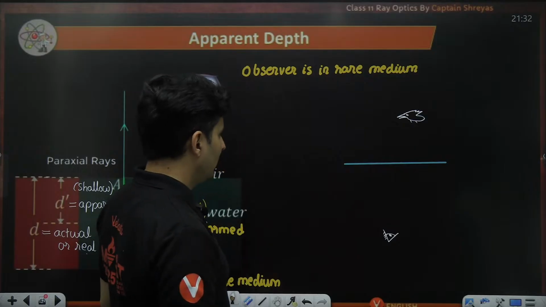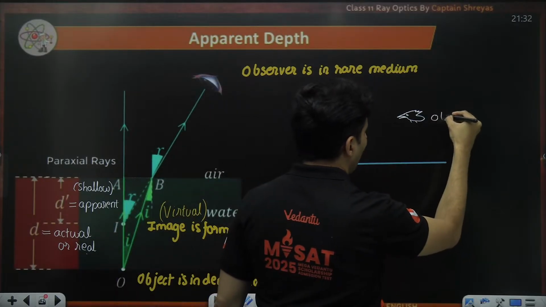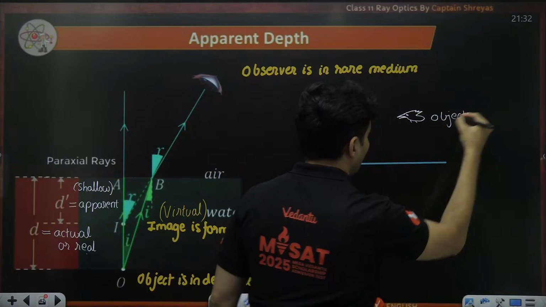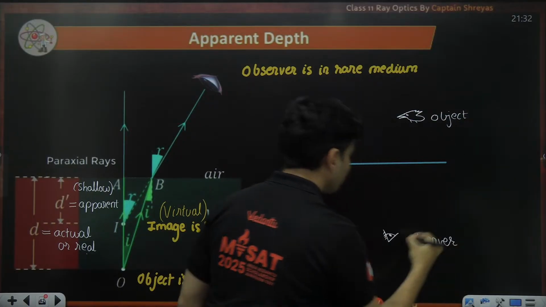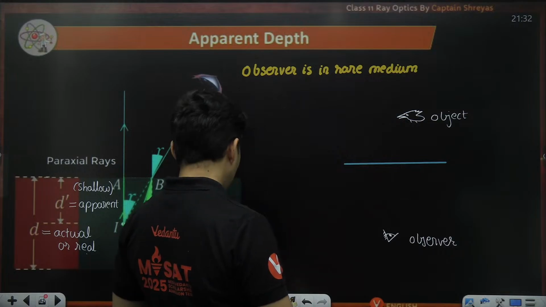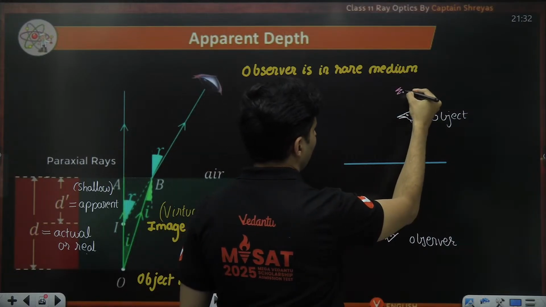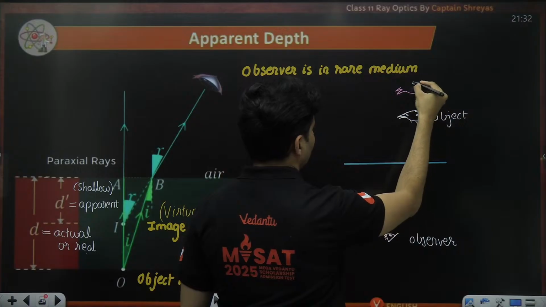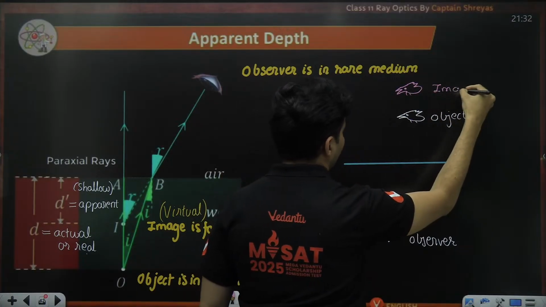It's a cool bird which is flying in air. This is where the object is. This is where the observer is. And the image of this object is formed over here. This is where the image is formed.